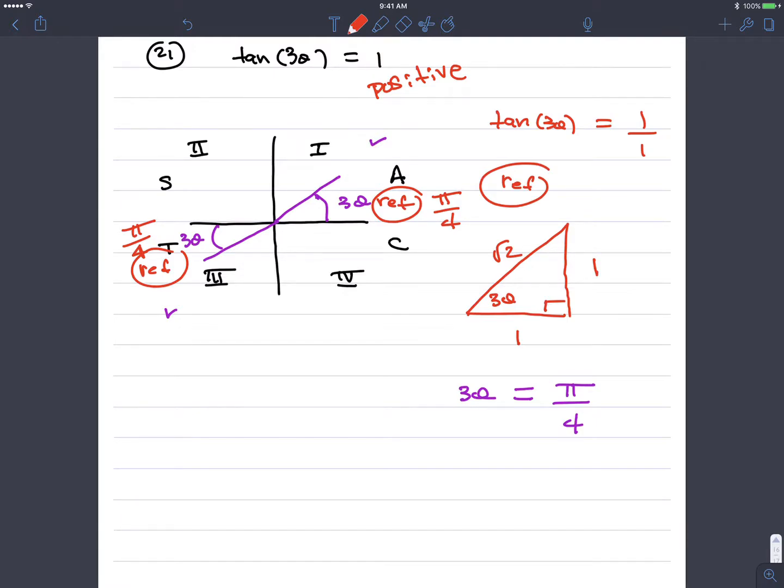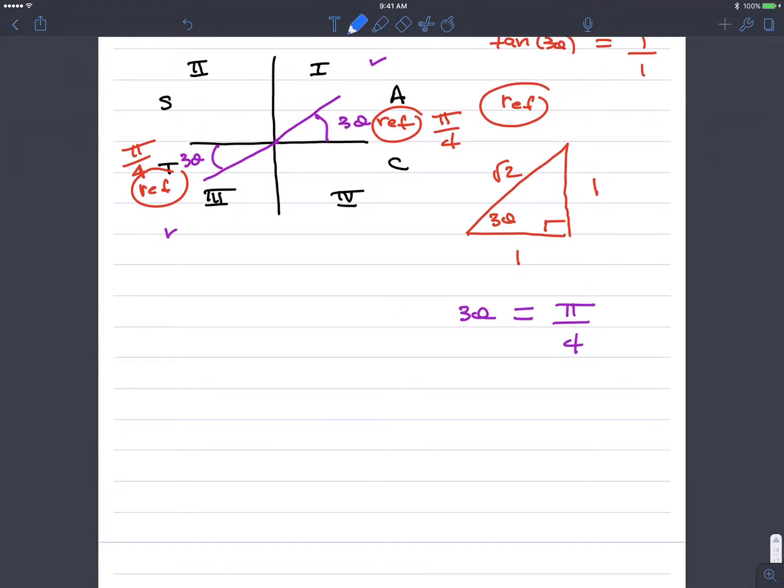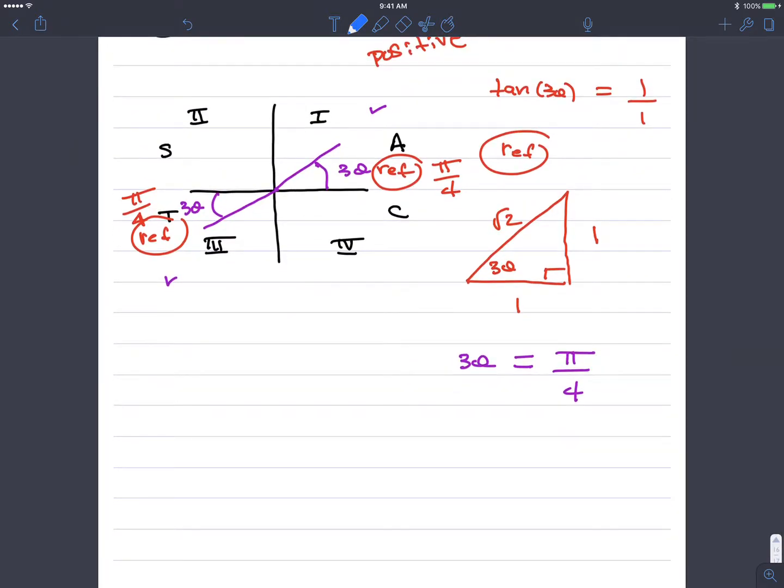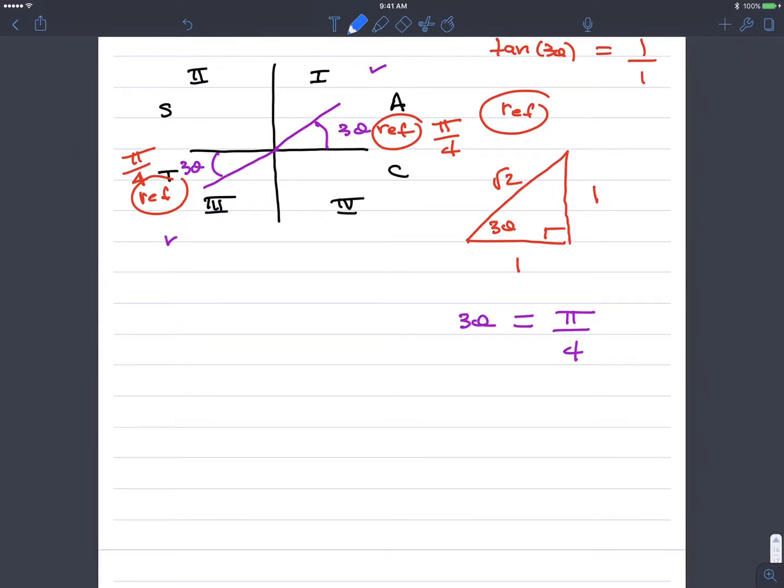Now, let's consider what to do next with this. Notice here we have two quadrants. And if I said to you, how do we start to describe the general solution with this? Because we can look at it two ways, right? Let's look at this general solution first.